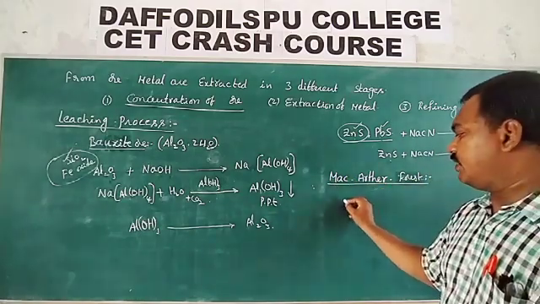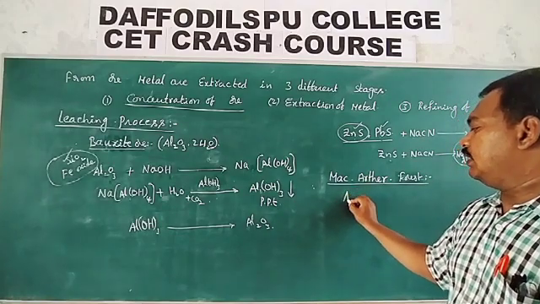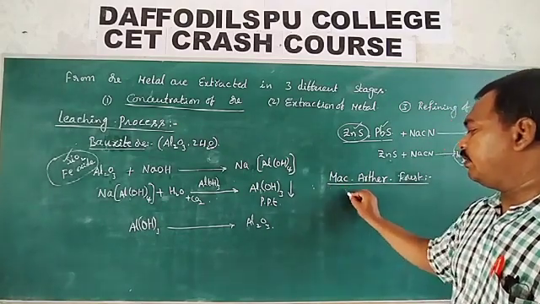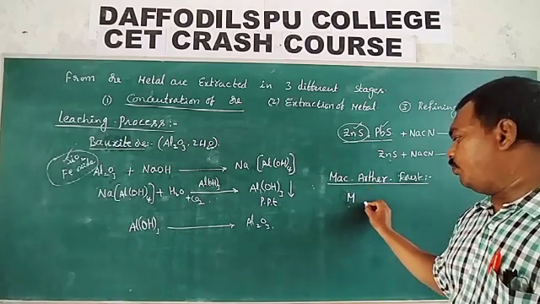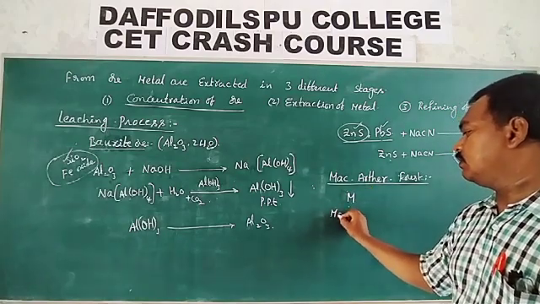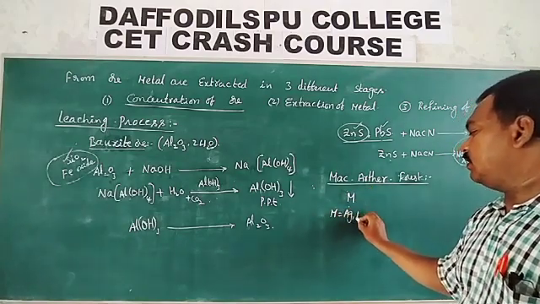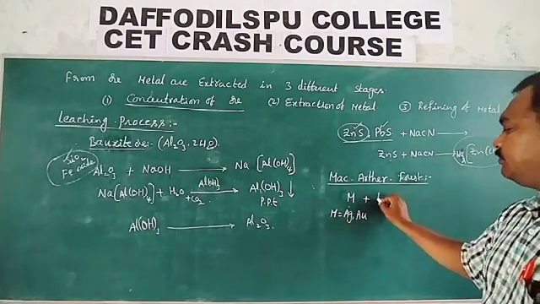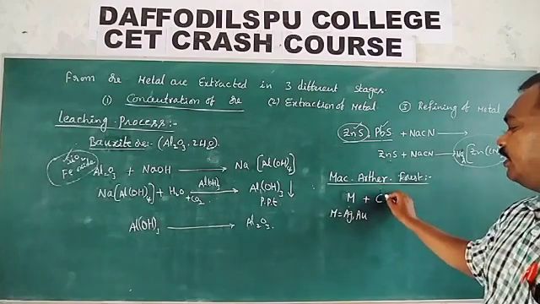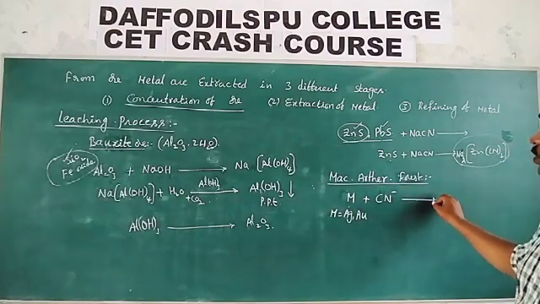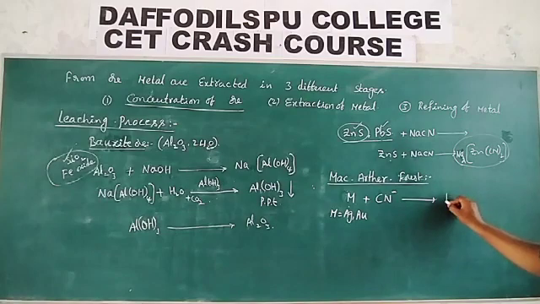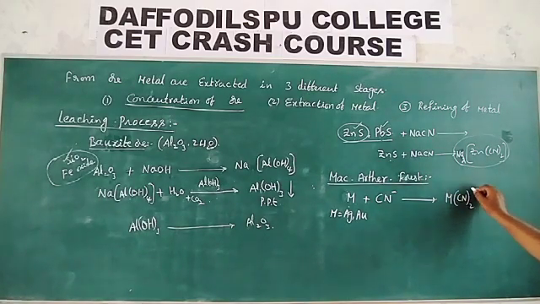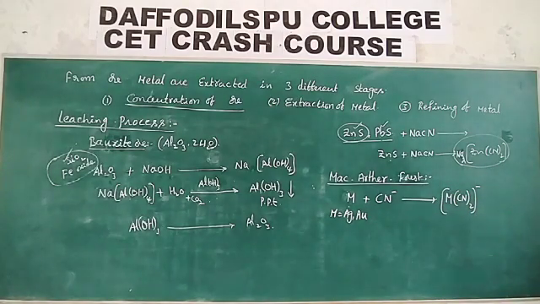In this MacArthur-Forrest process, either silver ore or gold ore, M being either silver or gold, is dissolved in cyanide, either potassium cyanide or sodium cyanide. Then we get this complex compound.